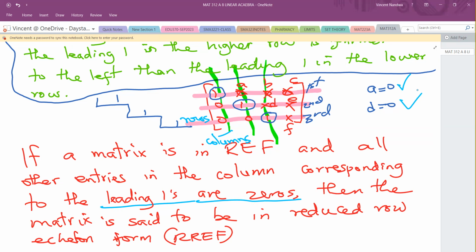You are confusing what we mean by column and what we mean by row. So remember, our argument is with respect to columns.